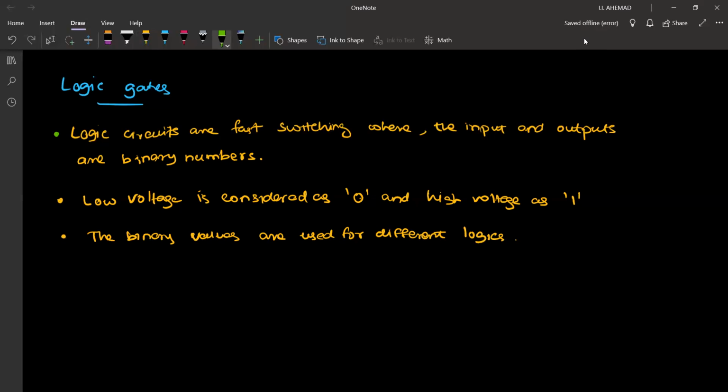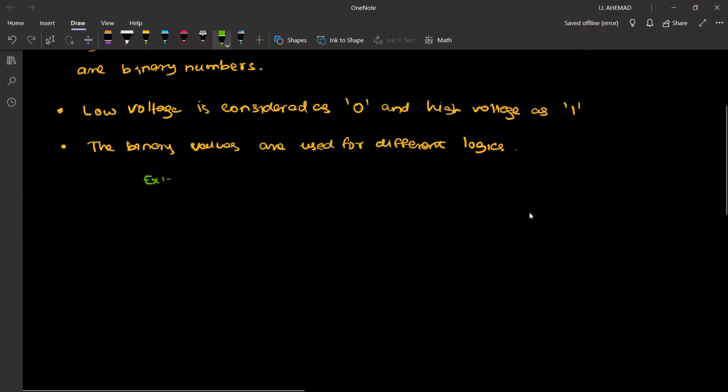For example, example 1: pass is 1. If we use pass as 1, then fail has to be 0, the opposite, or vice versa, the other way.